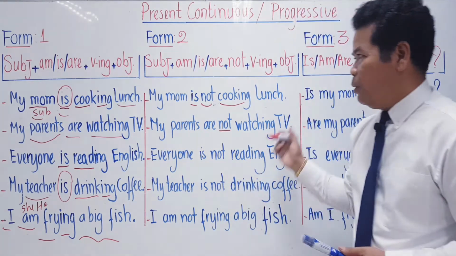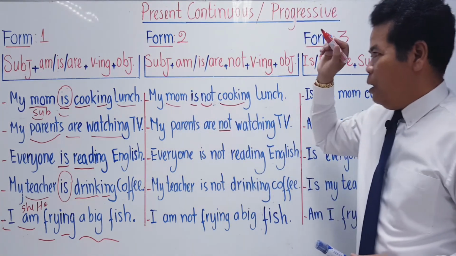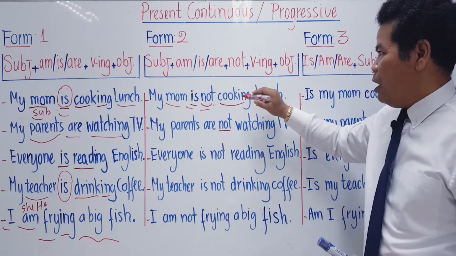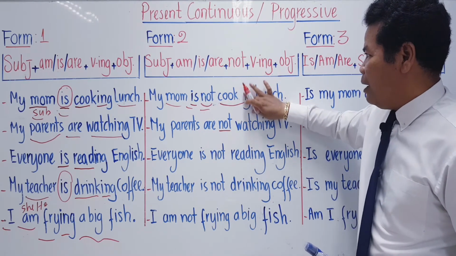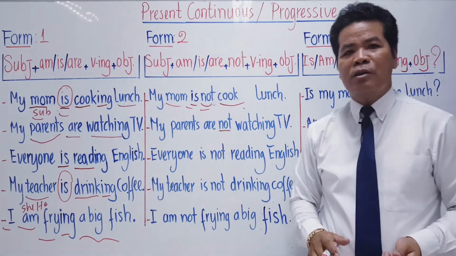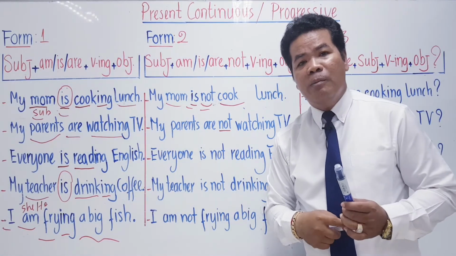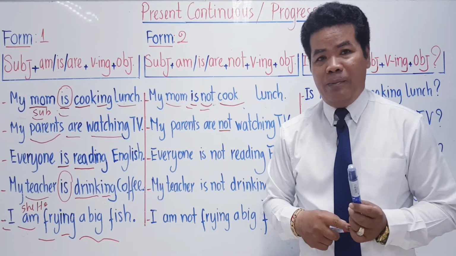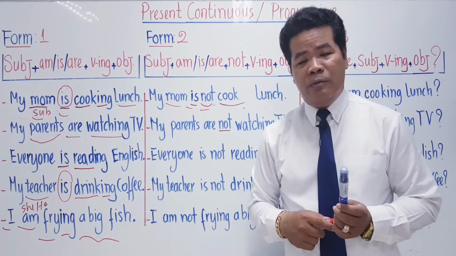For example, we have subject, is, not, cook, but we don't have the ing form. It is not called the negative form of the present continuous. It is not the right form. Understand?